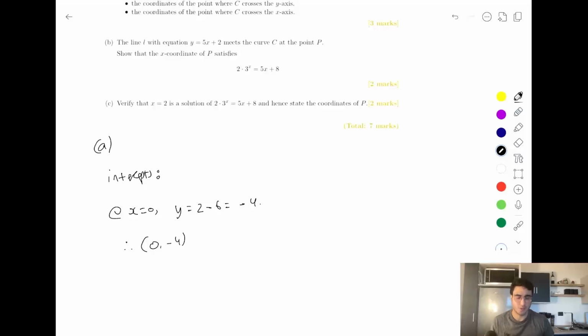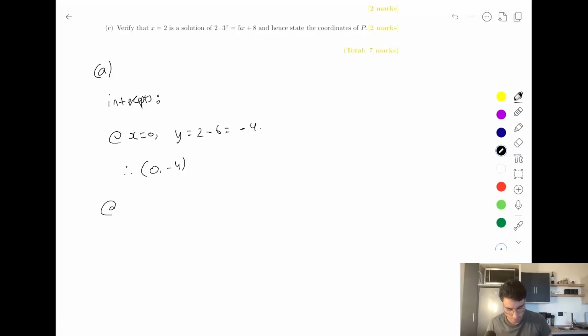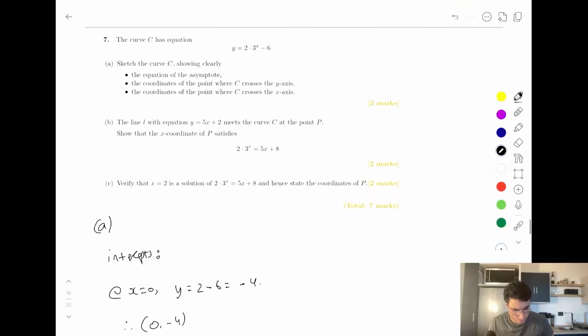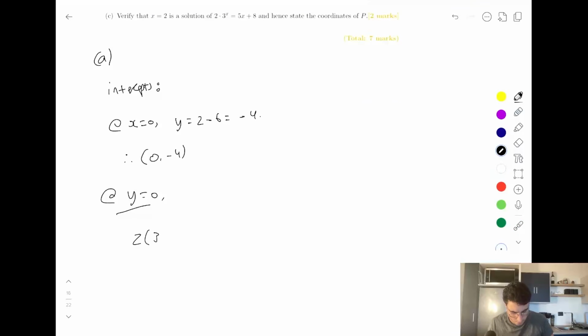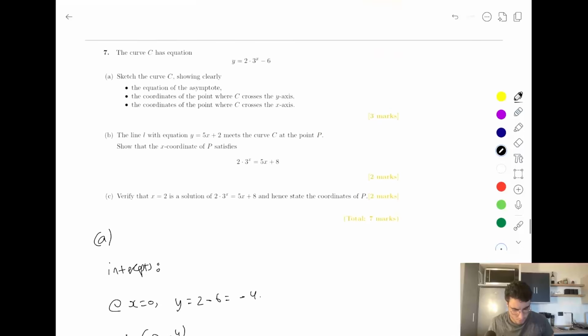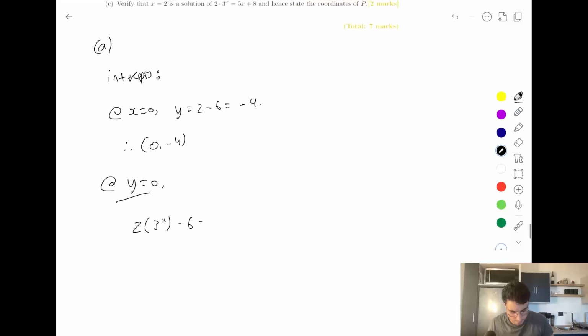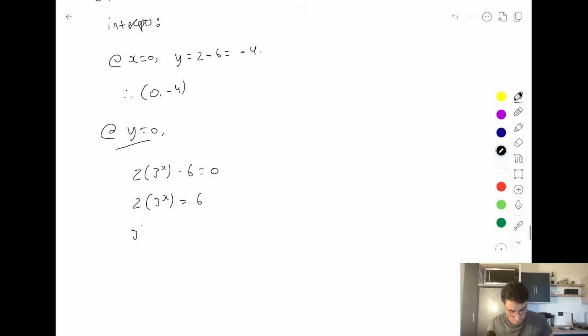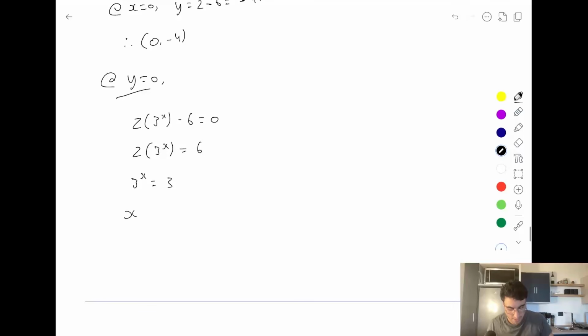Next, at y is equal to 0, what happens? At y is equal to 0, 2 times 3 to the x minus 6 is equal to 0. 2 times 3 to the x, 3 to the x is equal to 6 over 2, which is, well, 3. So what does it tell me? That x is equal to 1. No surprise there.